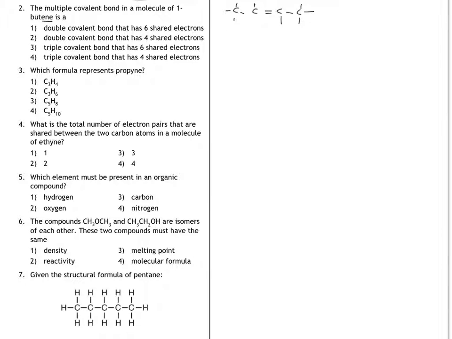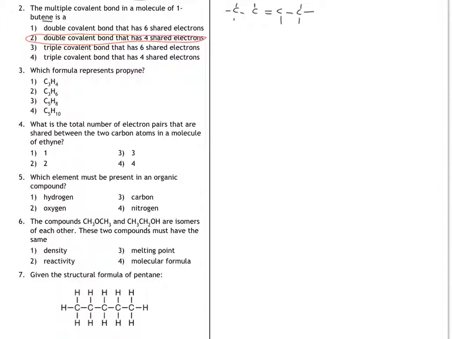And the question just asks about that multiple bond, like what it is and what's inside it. So the best answer choice there would be a double covalent bond, and a double covalent bond would have 4 shared electrons because there's actually 2 pairs of electrons in a double bond.